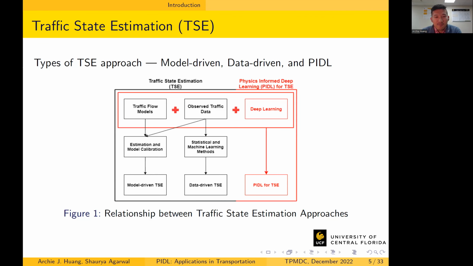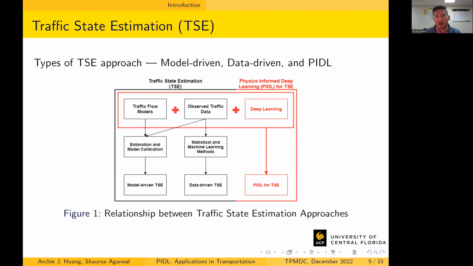In this figure, you're going to see 3 major categories of traffic state estimation approaches. In the column on the left, you will see the model-driven approach, where you have a traffic flow model, and through calibrations you obtain estimations of traffic state, which may be traffic flow, traffic density, or speed.